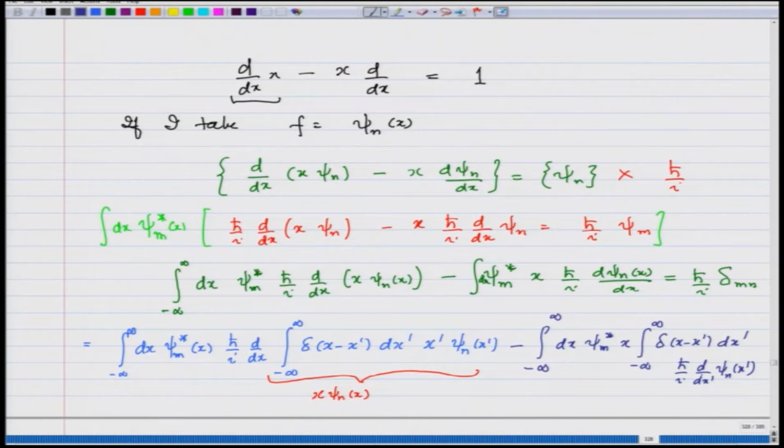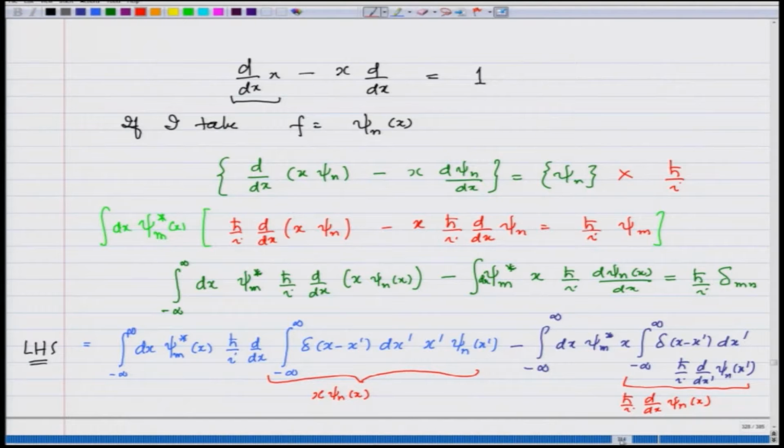I am only writing this left hand side. Again, because of the delta function, this term in the second integral is nothing but h cross over I d by dx of psi n x. All right. So, this is what we have done.